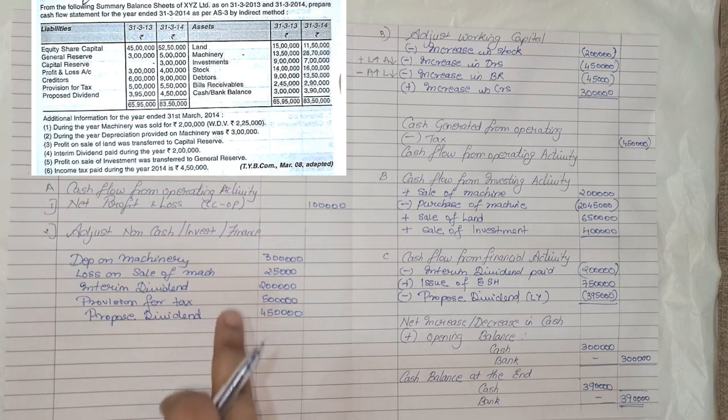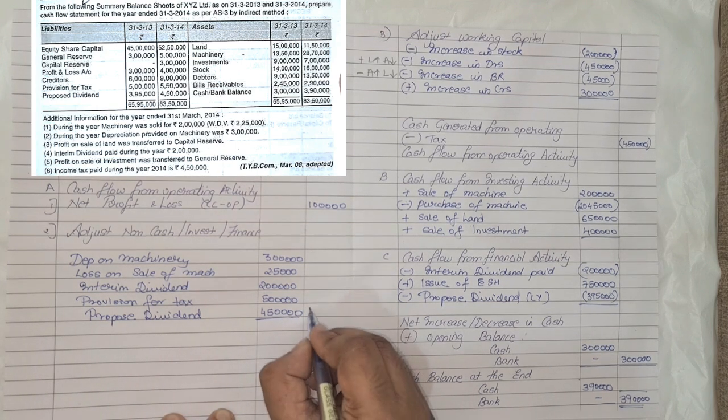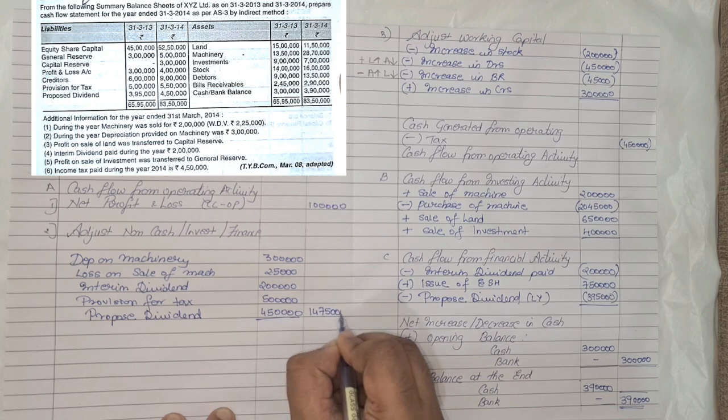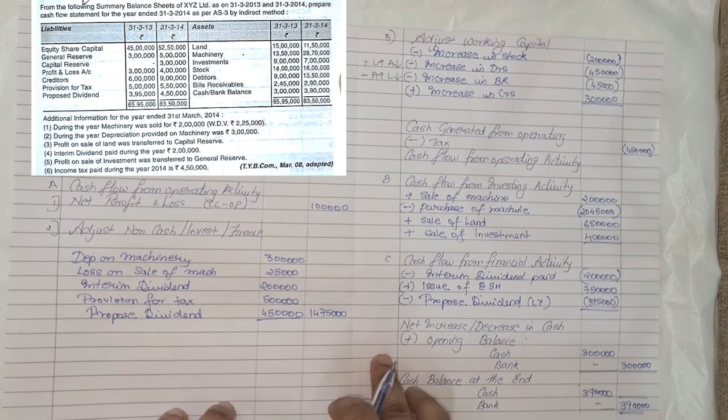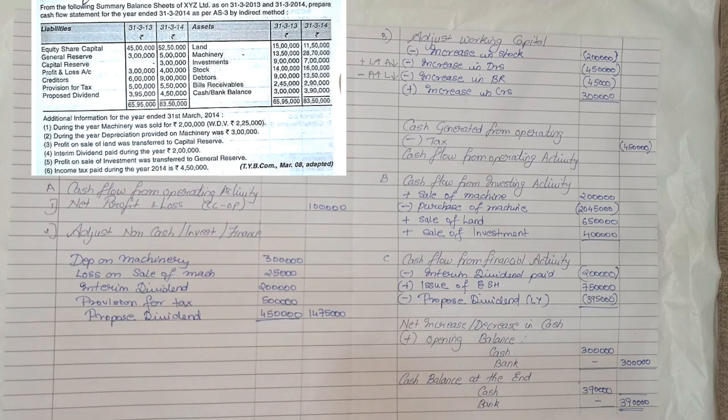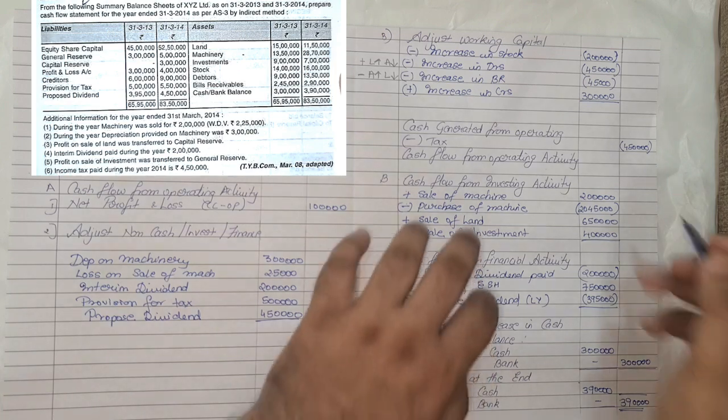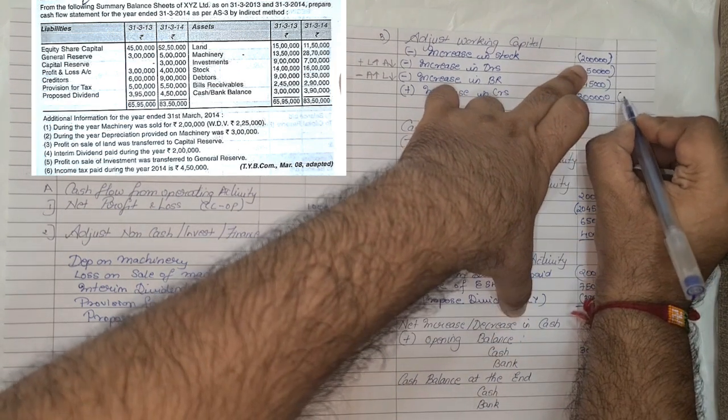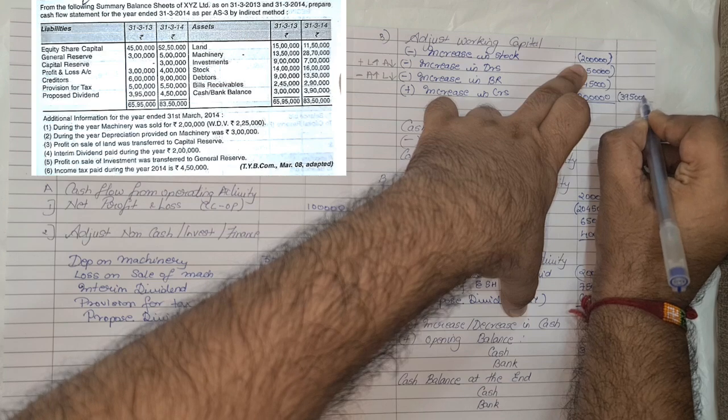Okay, so we are going to add up: 3 lakh plus 25,000 plus 2 lakhs plus 5 lakh plus 4 lakh 50,000, which comes to 14 lakh 75,000. For adjusting non-cash items, it is positive 3 lakhs minus 2 lakh minus 4 lakh 50,000 minus 45,000, so that comes to negative 3 lakh 95,000. I'm noting it down here as negative 3,95,000.